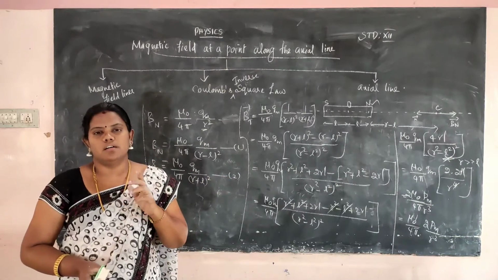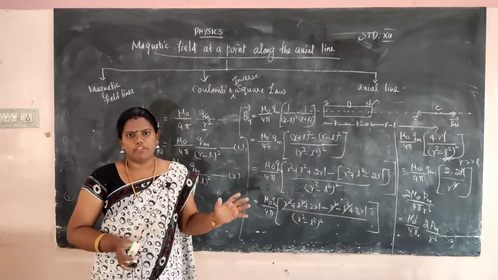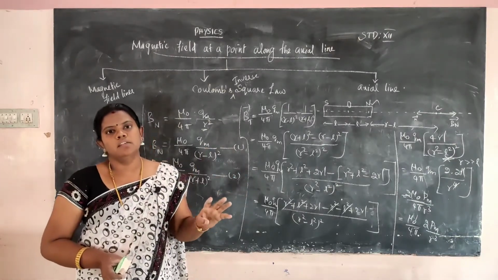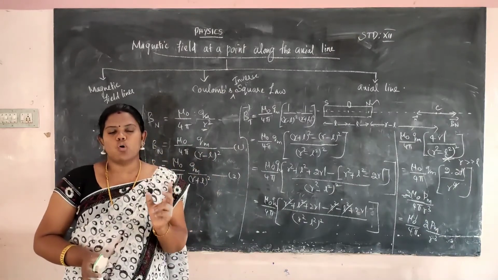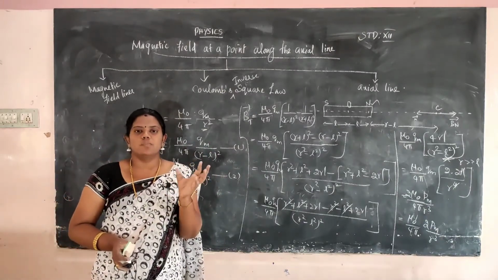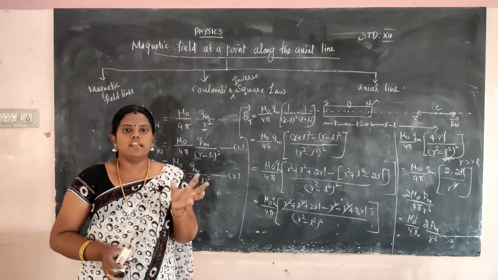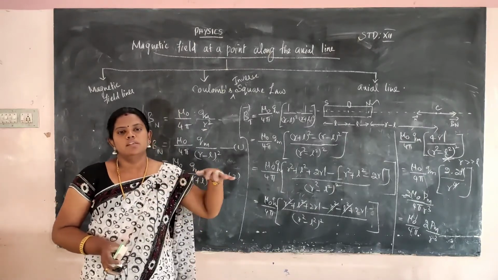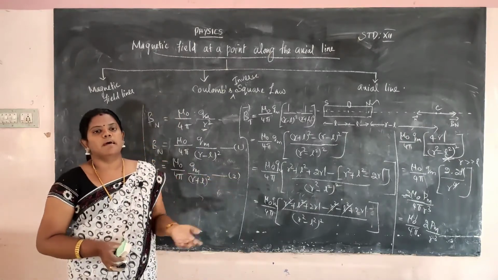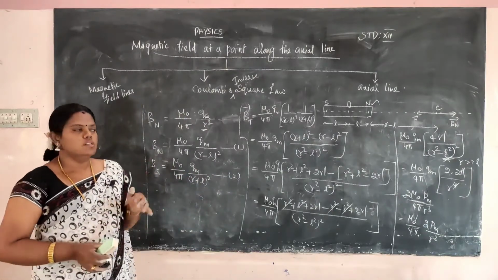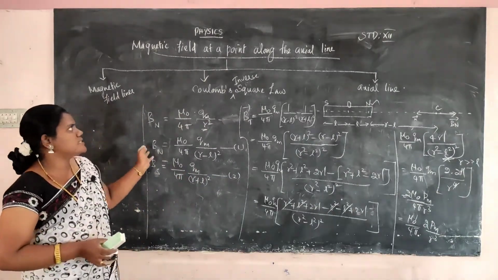And the fourth point, where the magnetic field is strong, the field lines are crowded with one another. Where the field lines are moved apart with gaps, the magnetic strength will be low. Those are all the properties of magnetic field lines.